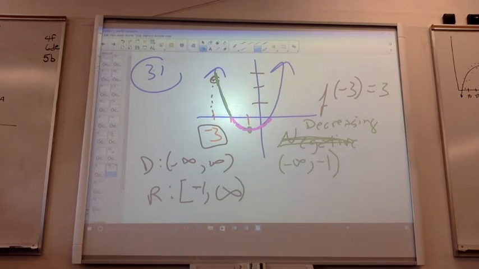That would be where it'd be negative, but I'm not going to ask you that. So just change that negative, make it decreasing underneath. And where is this bad boy increasing? So it goes from here to here. It goes from negative 1 to infinity.